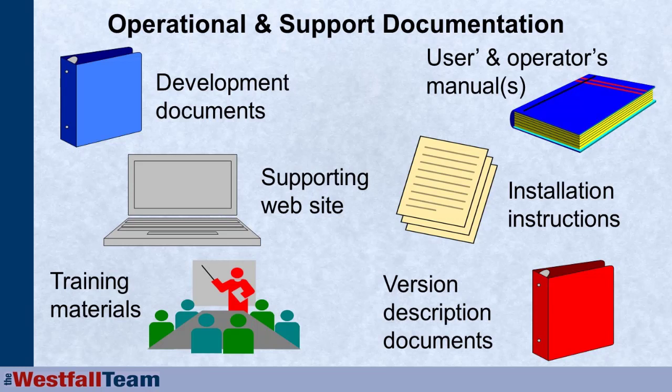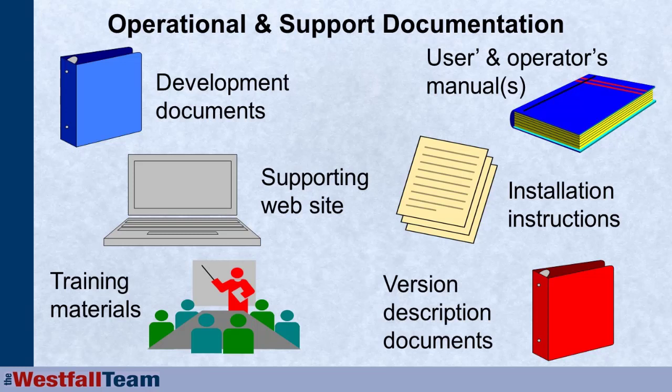Even your supporting website. If you have any frequently asked questions, any installation instructions, information about how to contact the help desk. In many cases, this may be one of your primary interfaces to the customer. It needs to be just as high a quality as the product itself.